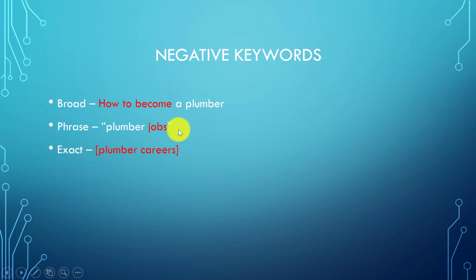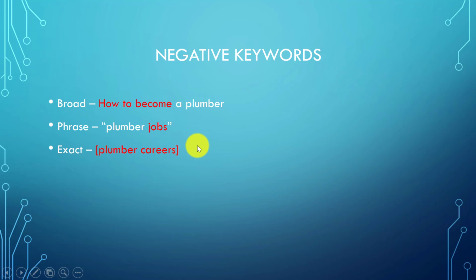Phrase would be plumber jobs. If someone's typing this exactly, obviously you don't want that to show up in your plumbing campaign, especially if you want them to come out because you have a leaky faucet or however you're driving your campaign. Now, exact, plumber careers, for example, I just had to throw this out there, but career, for example, would be a negative keyword.